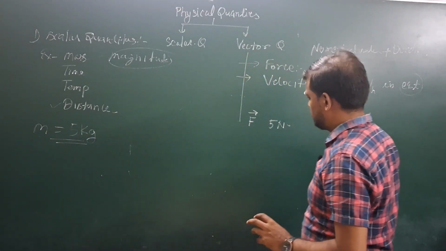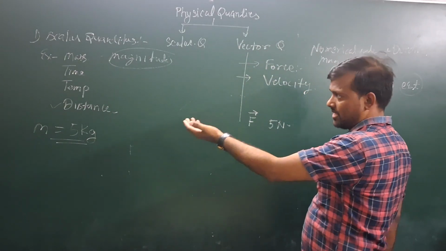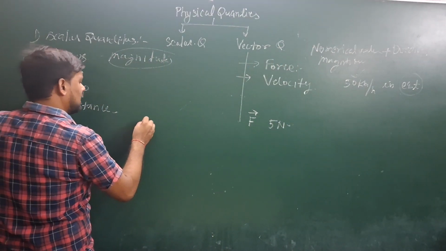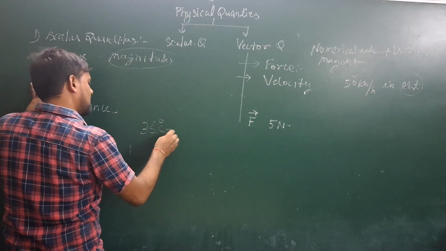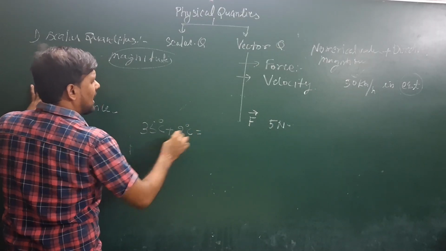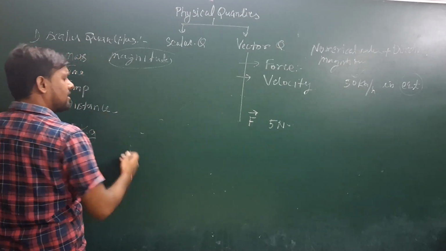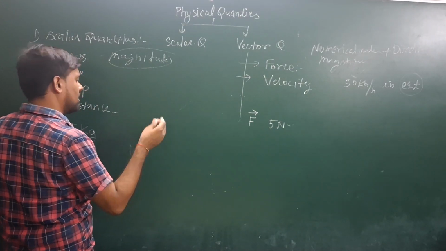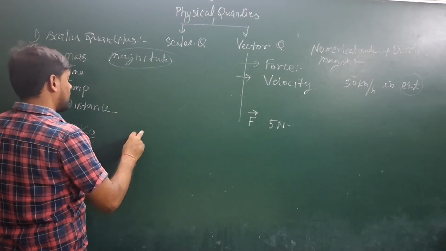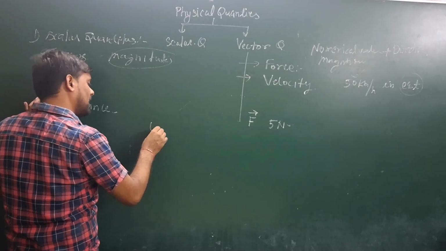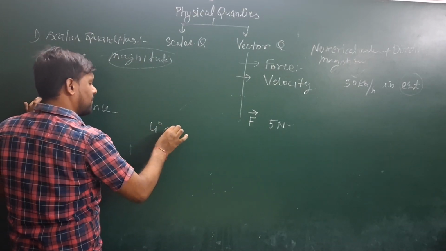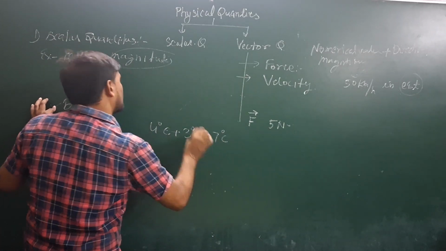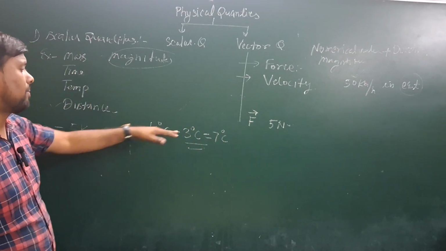Now, if you want to add scalar quantities, sorry, let me take another example. If you want to add 4 degrees centigrade plus 3 degrees centigrade, it becomes 7 degrees centigrade. Simply we apply addition.